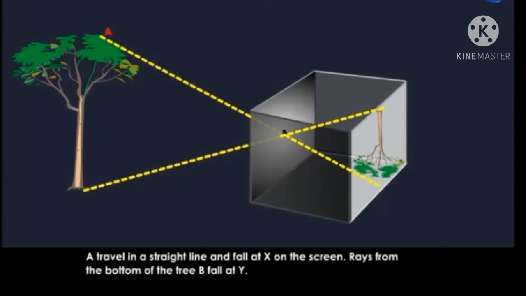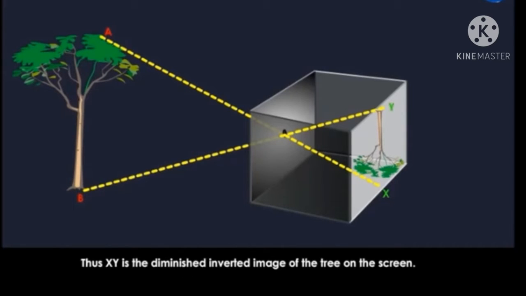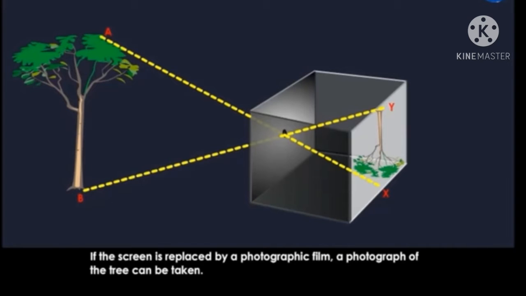Another ray of light coming from the bottom B of the tree also passes through the pinhole in a straight line to form an image at point Y on the screen. In the same way, each point on the tree AB forms its corresponding image on the screen between X and Y. In this way, the image XY is produced on the screen.